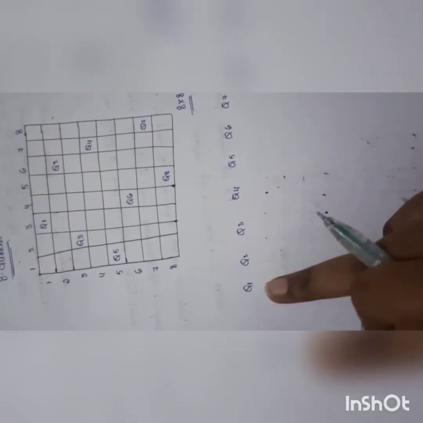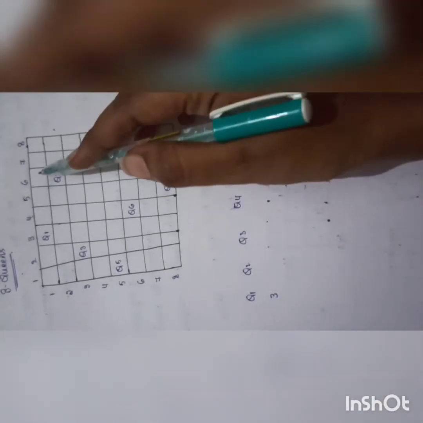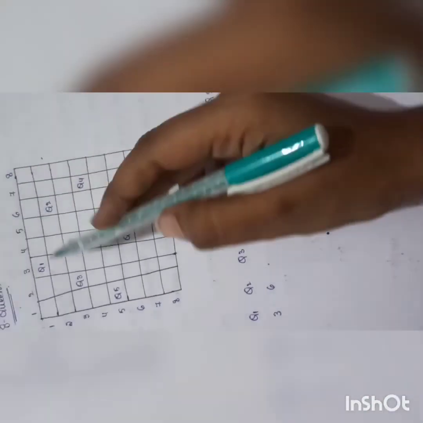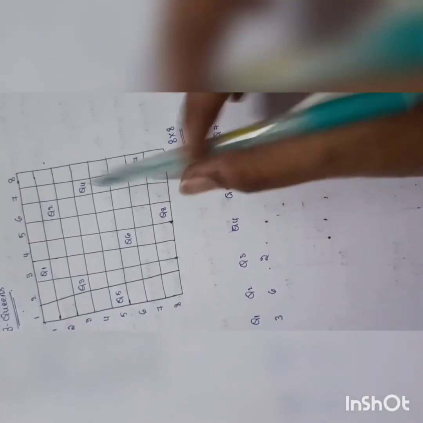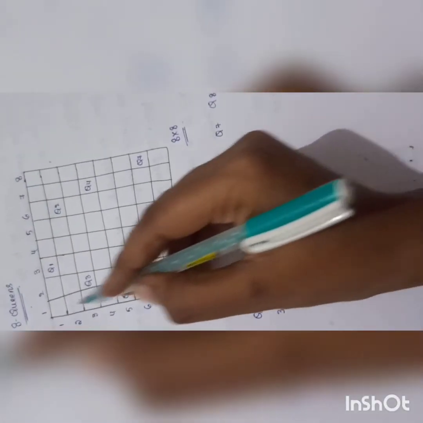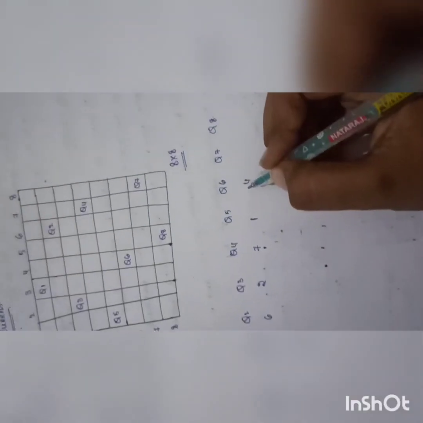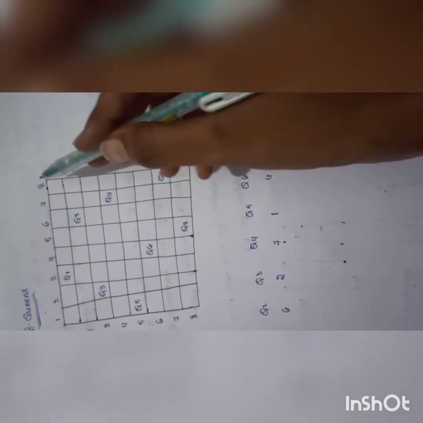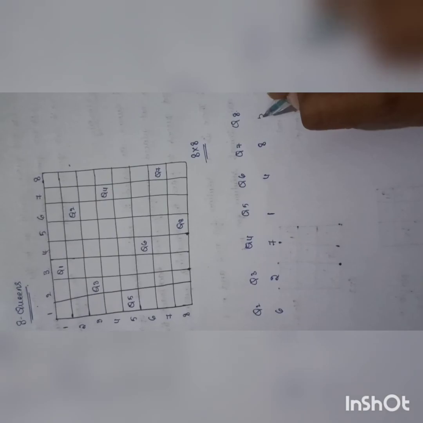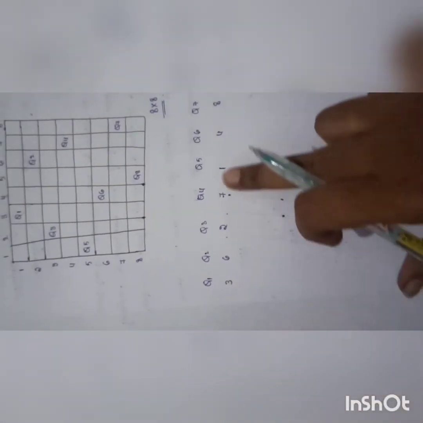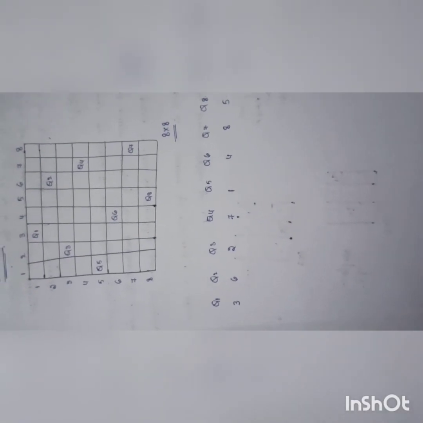Queen 1 was placed in the third column, queen 2 in 6, queen 3 in 2, queen 4 in 7, queen 5 in 1, queen 6 in 4, queen 7 in 8, queen 8 in 5. There is no repetition in any column, and this is the solution for the 8 queens problem.